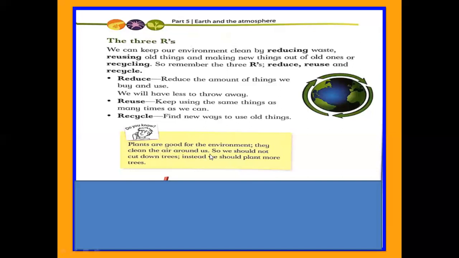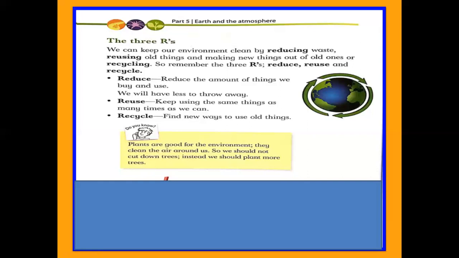Plants are good for the environment. They clean the air around us, so we should not cut down trees. Instead, we should plant more trees. Okay. These 3 R's I will explain with the help of pictures, but first I want to tell you about the plants. What is the importance of plants in our environment? Plants are good for the environment because plants give us oxygen.